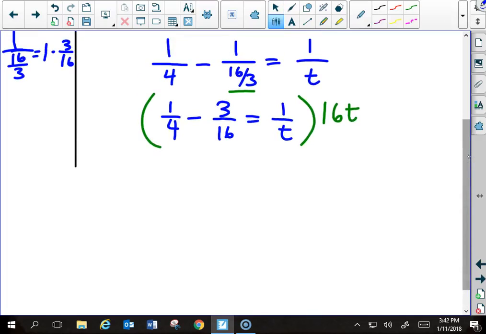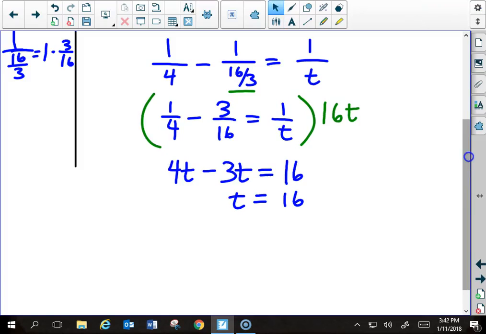So 16 divided by 4 is 4, which gives me 4t. And 3/16 times 16 over t, the 16s will cancel, and I just get 3t. On the right-hand side of the equation, the t's cancel, and I'm left with 16. Well, this turns out to be a really easy equation to solve. 4t minus 3t is just 1t.